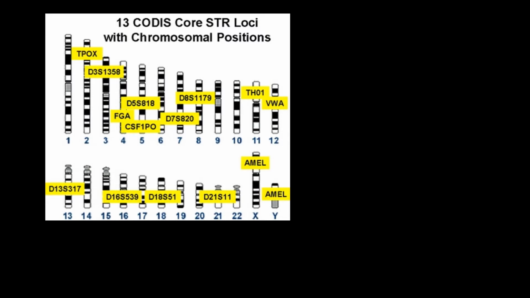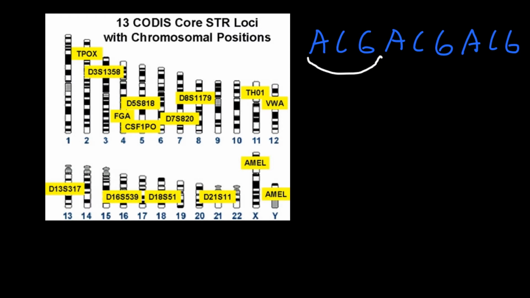Variable number of tandem repeats basically means this: imagine a sequence such as ACG, ACG, and ACG. As you see, we have here one repeat that repeats 3 times.